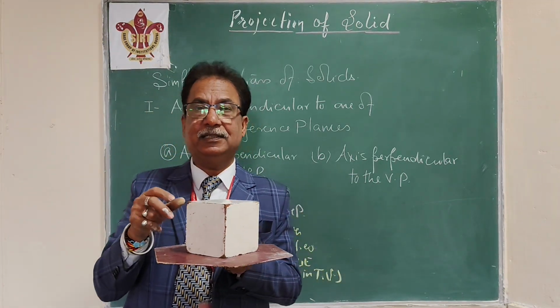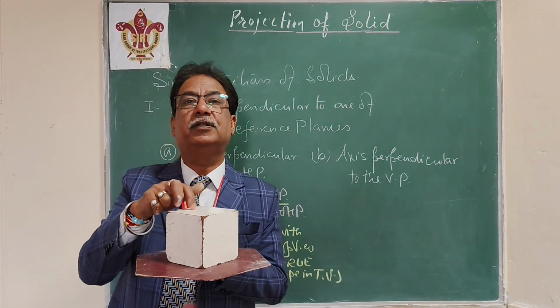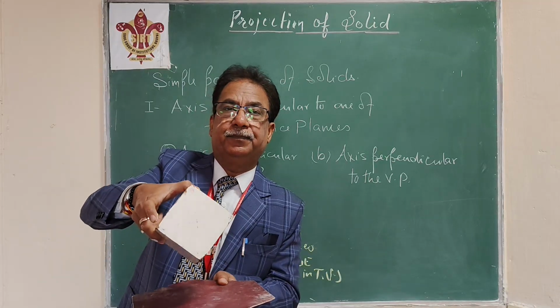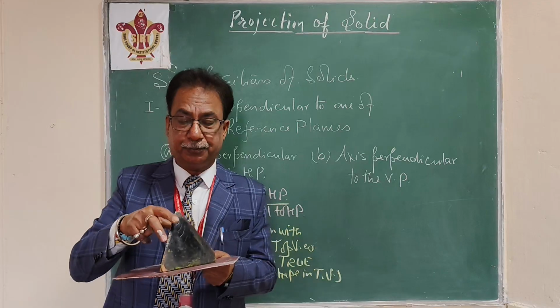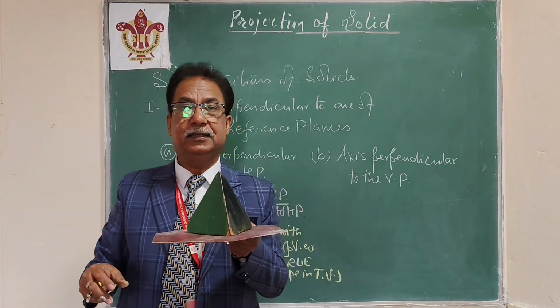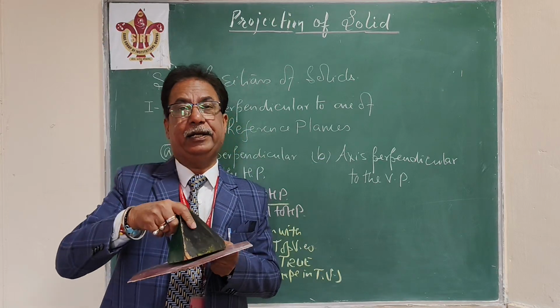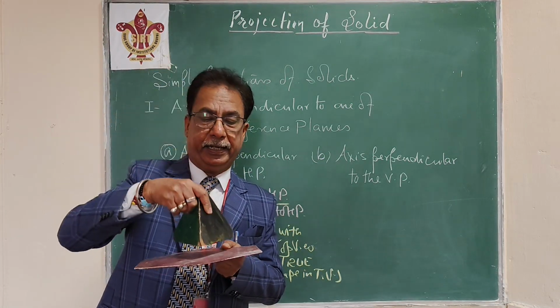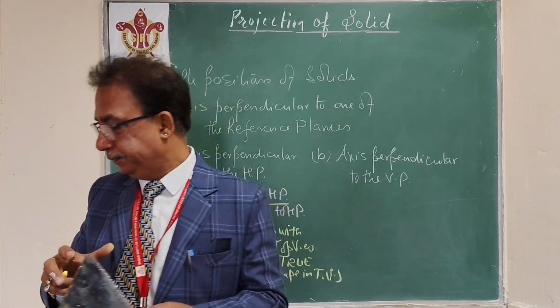In this case it is not possible to draw the front view first. We have to draw the top view first, which will look like this. In the same way, for a tetrahedron with one of its faces on the HP, I can draw the top view, an equilateral triangle, and then the front view.